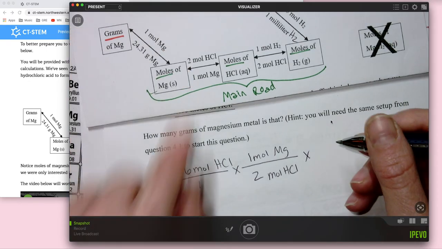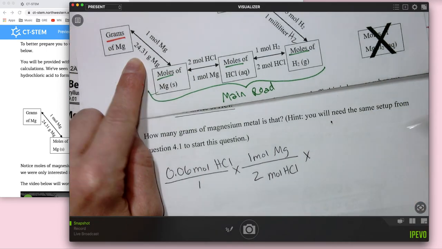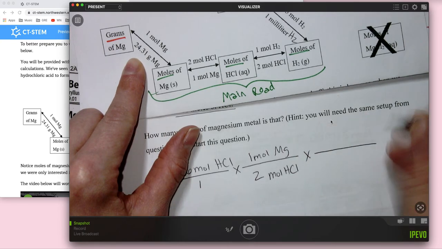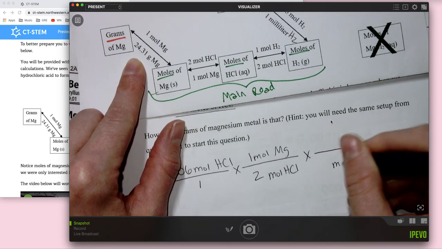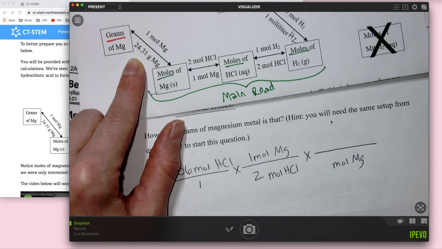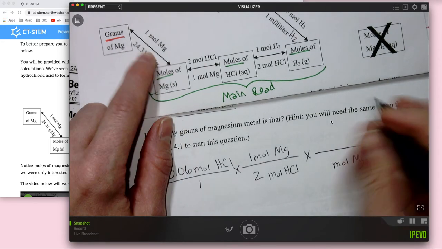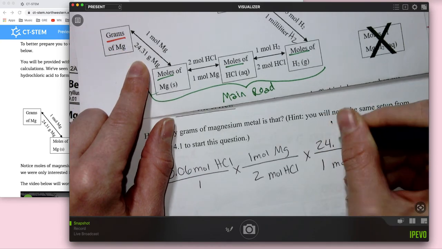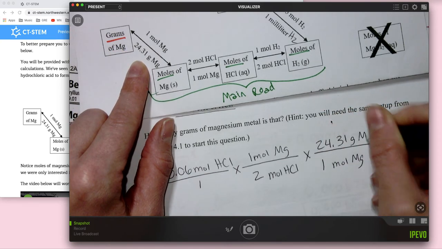Okay, now I still have this conversion factor to go. So mole of magnesium is at the top, so that means that mole of magnesium is going to be at the bottom of the next fraction. And I have 1 mole of magnesium is equal to 24.31 grams of magnesium.